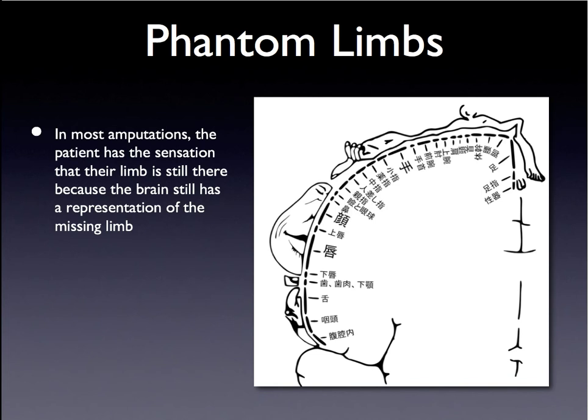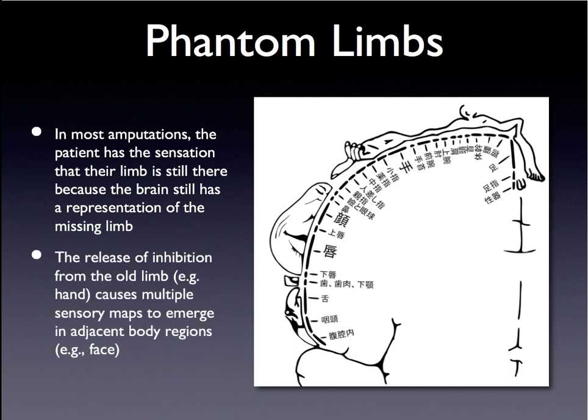They feel that they have sensation, tactile sensation, a sense of touch in their missing hand, which we know can't be because there are no fingers there. And this has been a puzzle for a very long time. And while the whole story is a little bit complex, the basic idea is that you remove the hand, but the brain representation is still there.